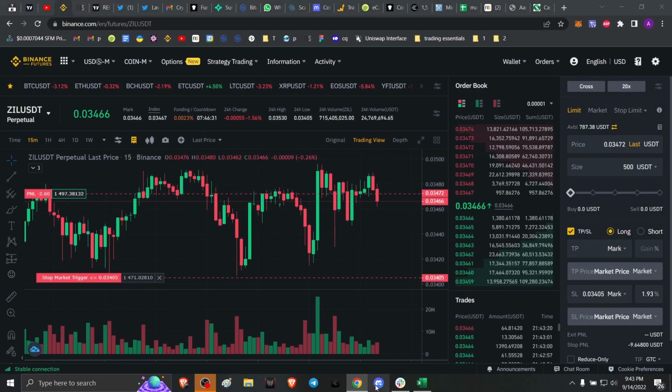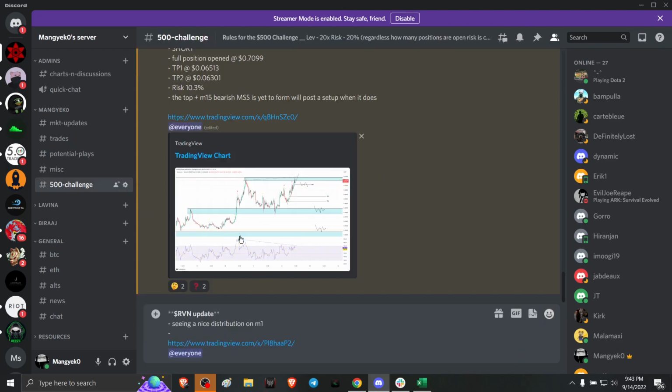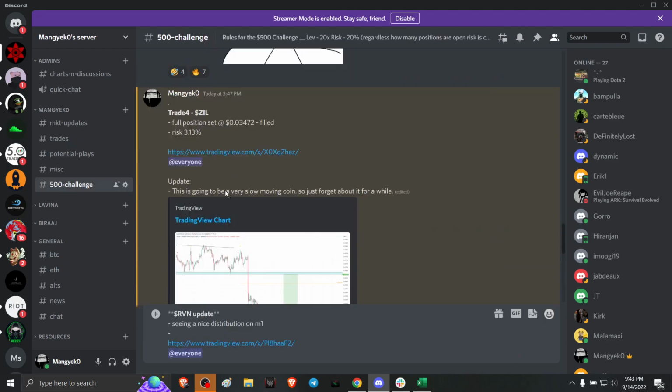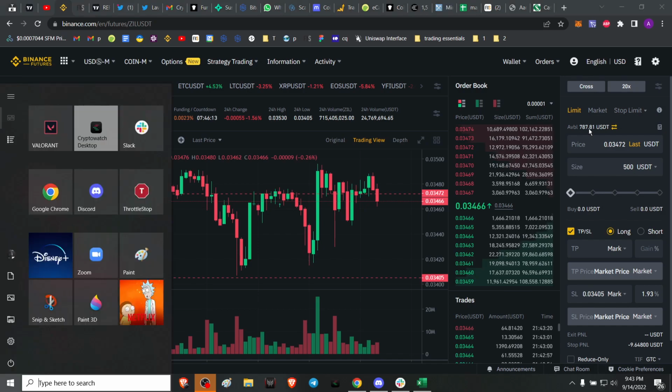And in my Discord group, when I mentioned the Zilliqa trade right over here, I said I'm risking 3.13%. So I started with $500, and then I traded Luna and my balance was $925.